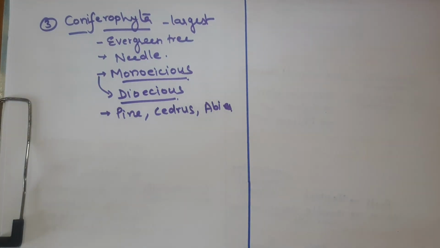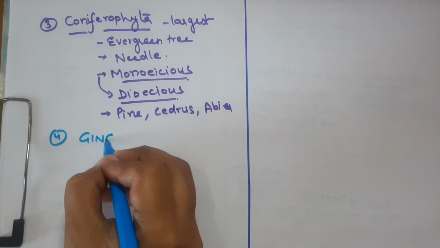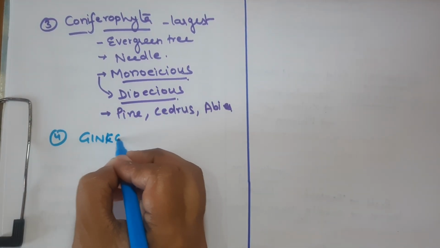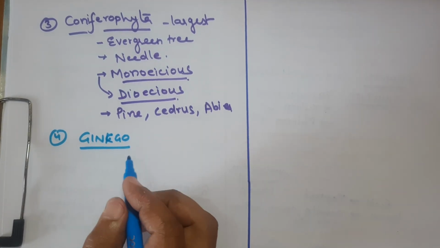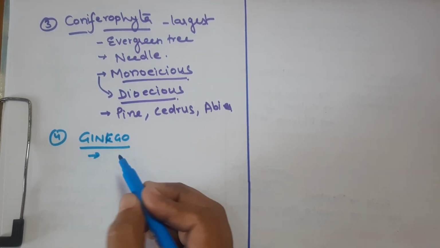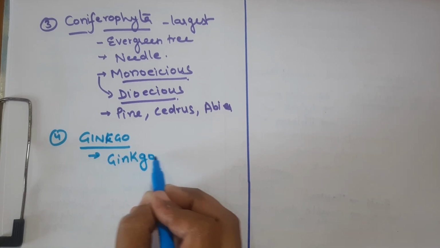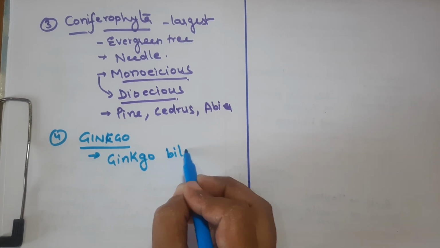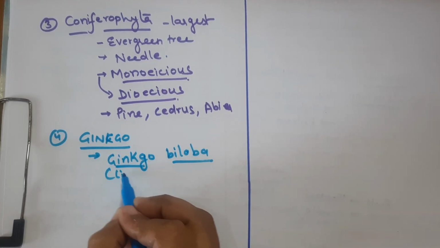And the last group we are going to talk about today is the Ginkgophyta. So I will write it here, Ginkgo. They are also known as Ginkgo. They are represented by a single living species, that is known as Ginkgo biloba. So in this group there is only a single species, Ginkgo biloba. And this Ginkgo biloba is also known as a living fossil.